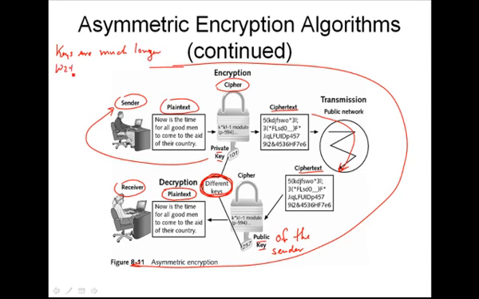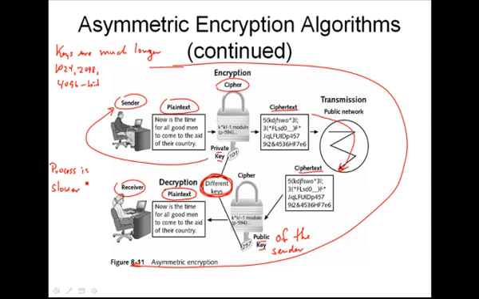And by longer, I mean 1024 or 2048, 4096 bits, long in those ranges. You pick one. And the longer, the more secure. The second thing is, since we're dealing with longer keys, the process is slower.